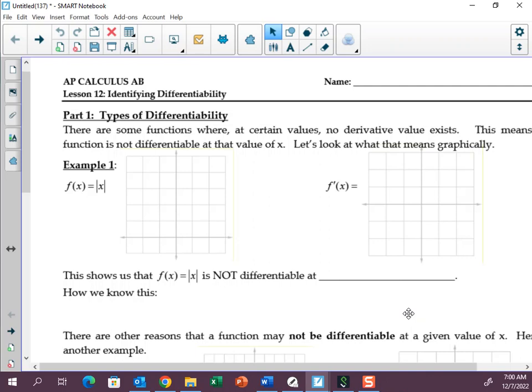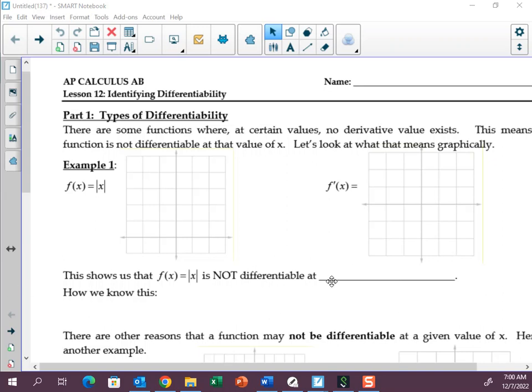So we're going to talk a little bit about differentiability. Derivatives, where functions have derivatives that don't exist. All functions have derivatives, but there are potentially some locations on a function where you can't calculate a derivative. Sometimes it's good, when we're talking about this, to think about derivative as a slope.